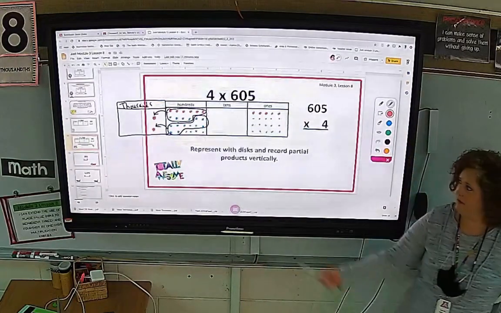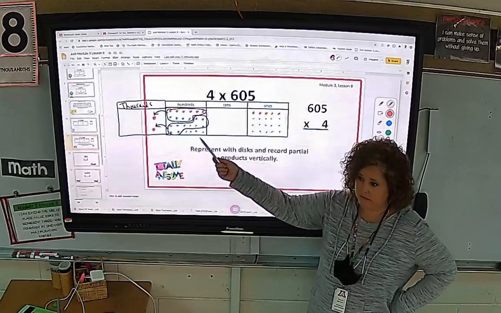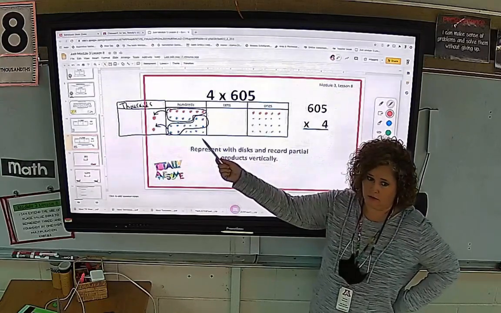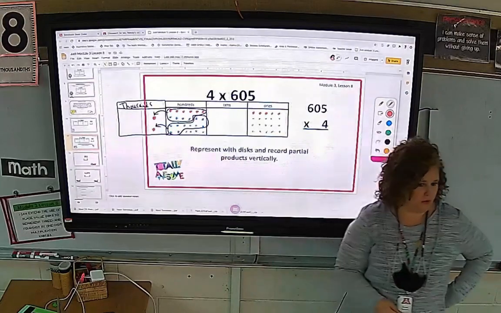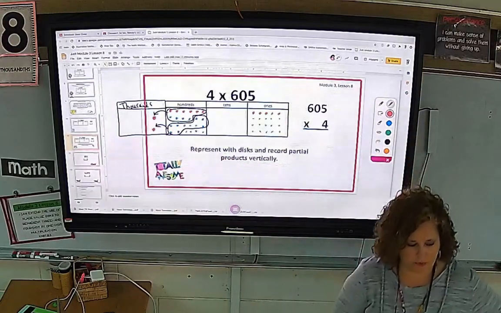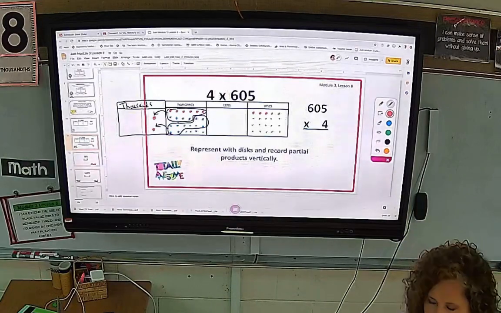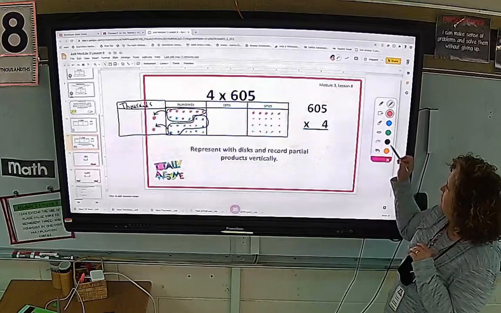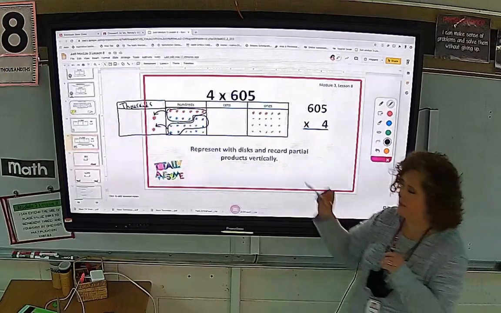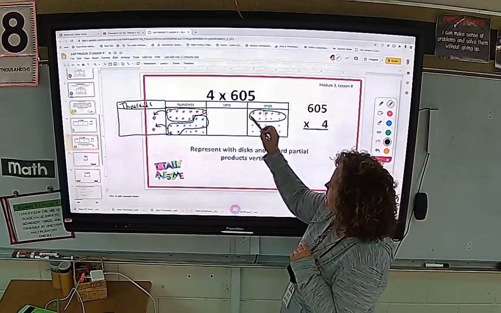How many are still in there? 4, okay. So make sure that we've not drawn on top of it and can't see one of our dots anymore. Be very careful. All right, so the same thing, the bundling needs to happen to the ones place. So go ahead and do that. These are groups of 5, so they're a little quicker.